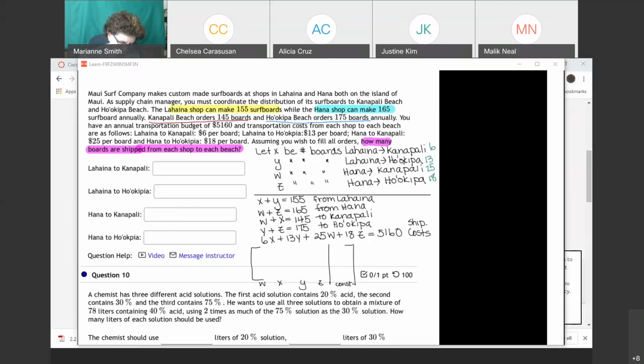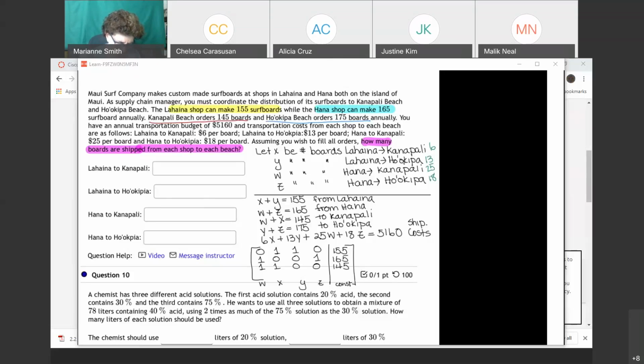Okay, so my first equation, X plus Y is 155. So that's 0 for W, 1 for X, 1 for Y, 0 for Z, 155. That's my first equation. Okay, my second equation has a W and a Z in it, and no X and Y. And the right-hand side is 165. Okay, third equation has a W and an X, no Y, no Z, 145.